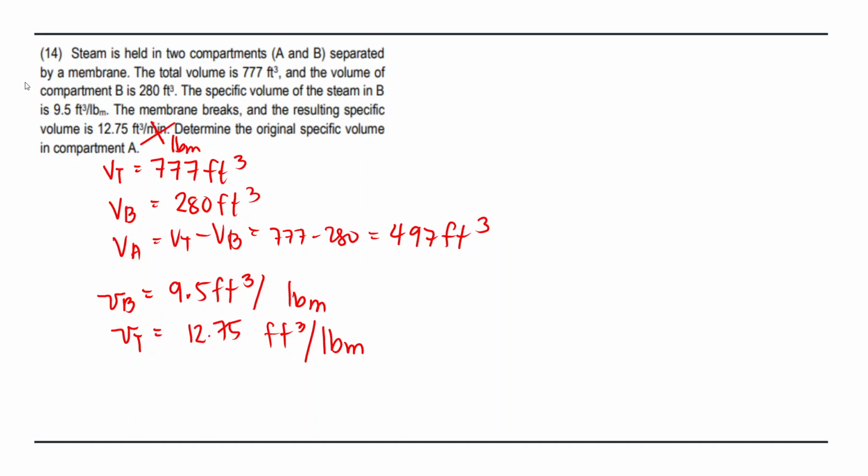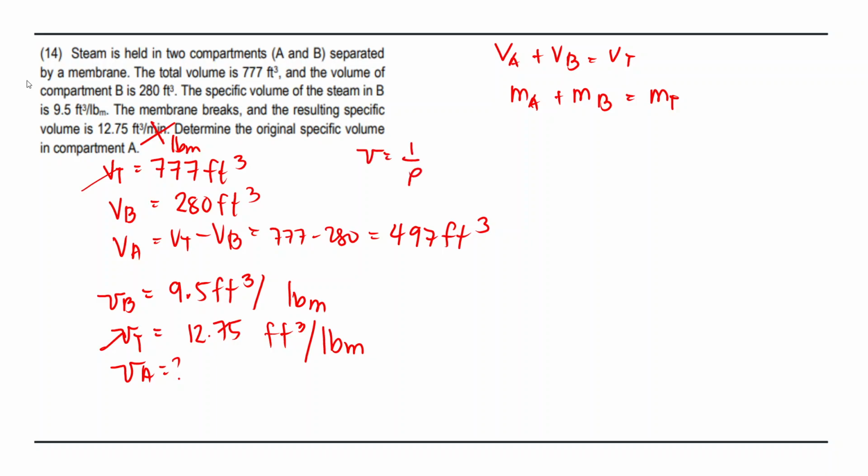Okay. What we're looking for is the specific volume of A. We have VT, we have this. So, the solution we can use, right? VA plus VB is equals to VT, which is all given. The mass of A plus the mass of B is equals to mass of T. We don't know the masses. Now, what we can do is, since the specific volume is given, we know that specific volume is the reciprocal of density.